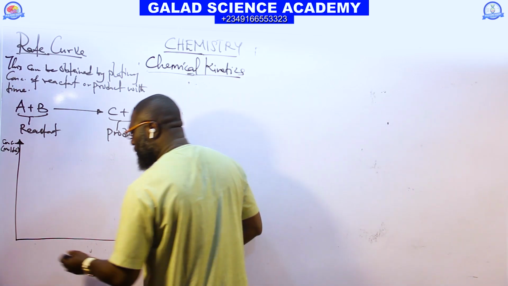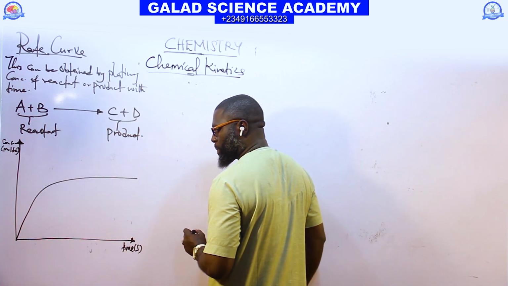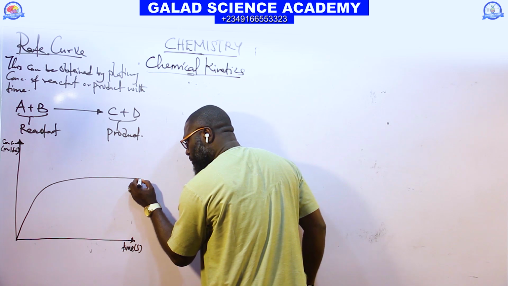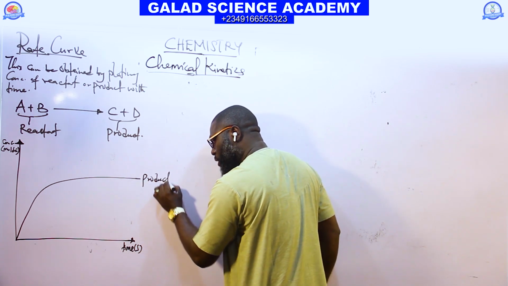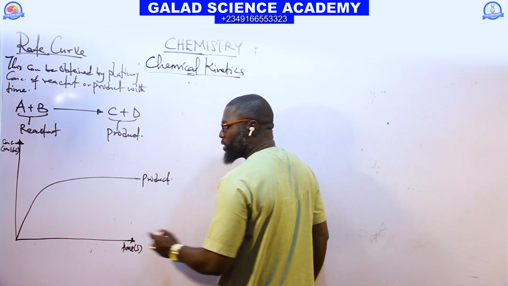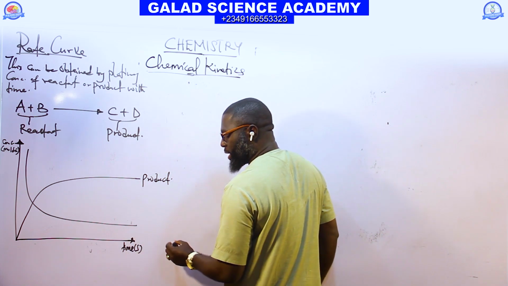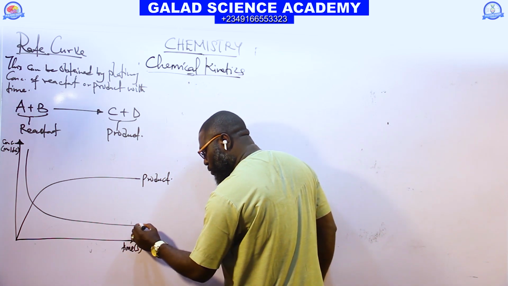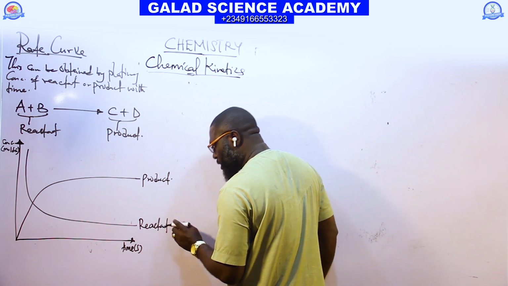If you plot the graph, your curve will come like this. This one is called the product curve. And this will come like this. This is what we call the reactant curve.